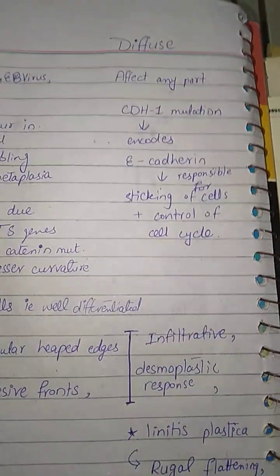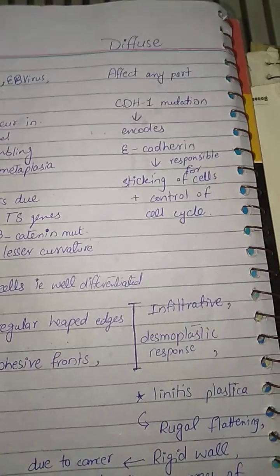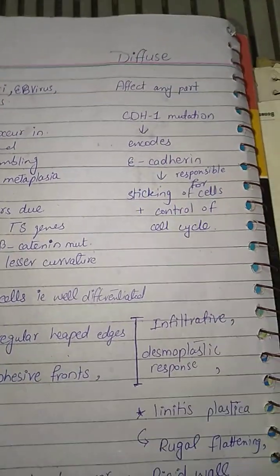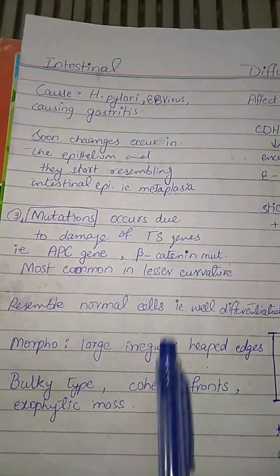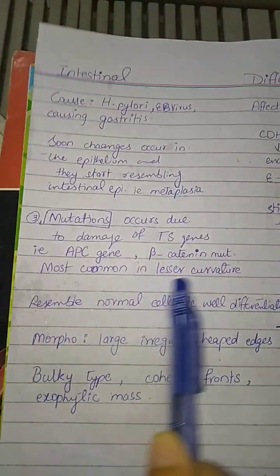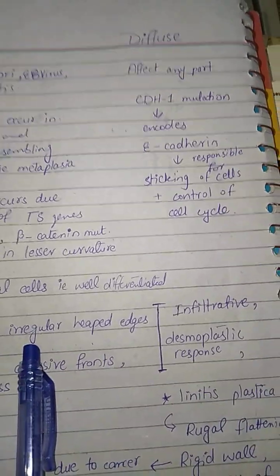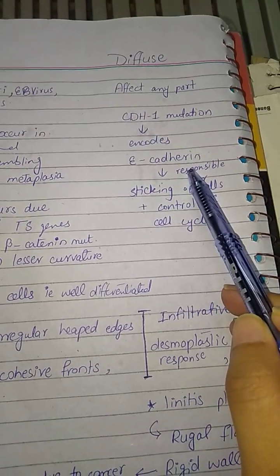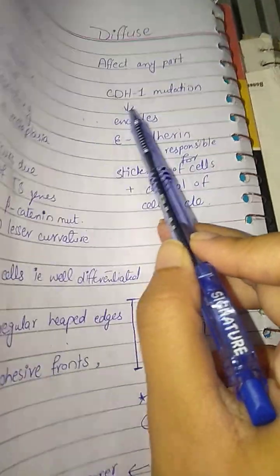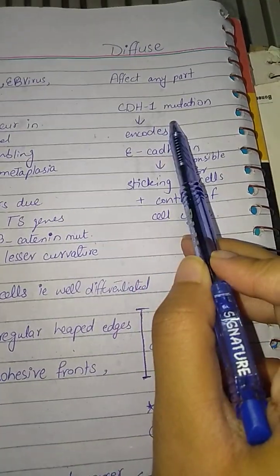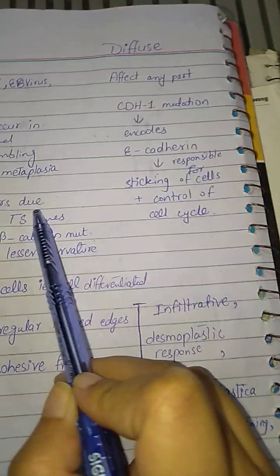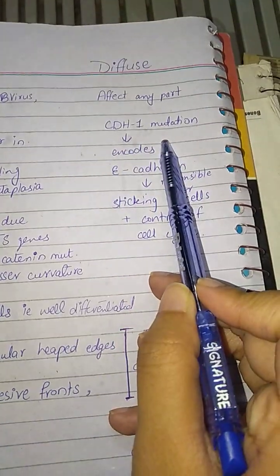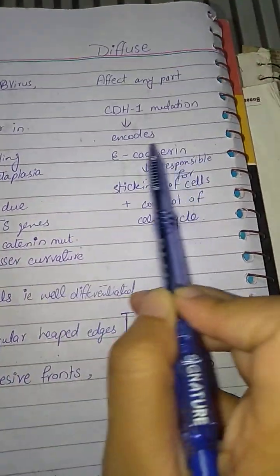Now come to the diffuse part of the gastric cancer, that it affects any part of the stomach. Intestinal was mainly affecting the lesser curvature. You can take a screenshot of these notes as well so that you have a better grip over the topic. What happens in diffuse type is that there is a CDH1 gene mutation, which means that CDH1 gene encodes a protein that is E-cadherin.